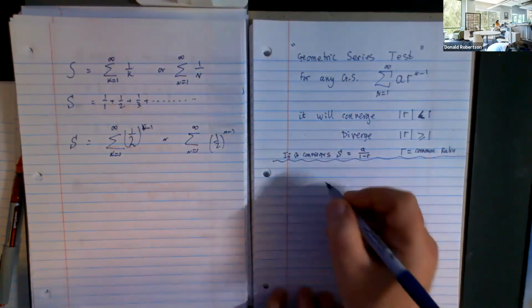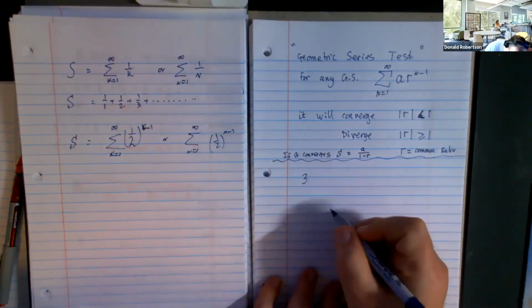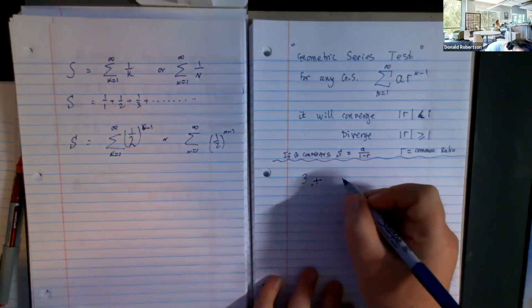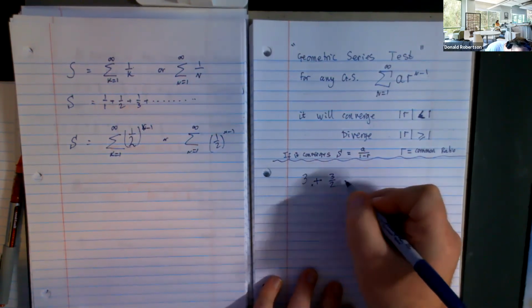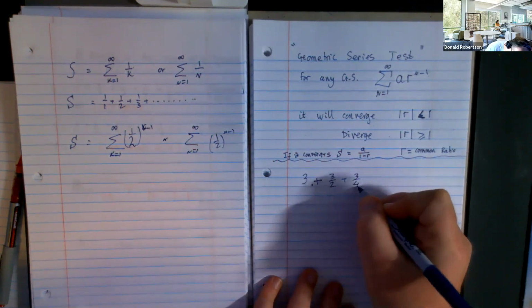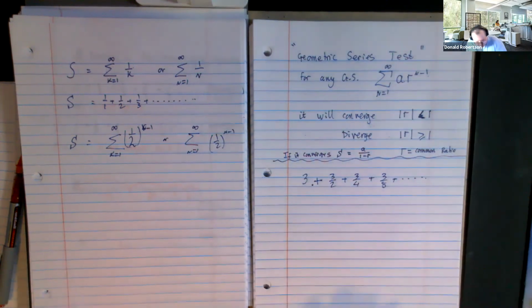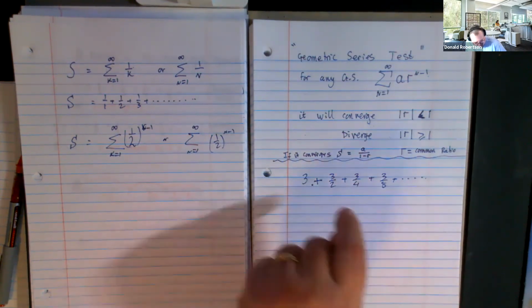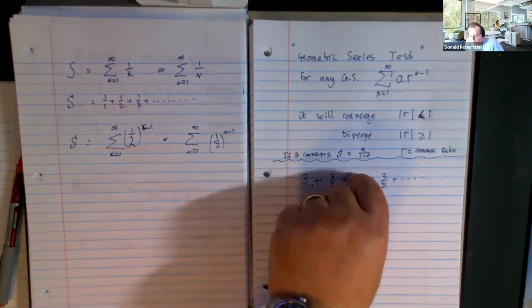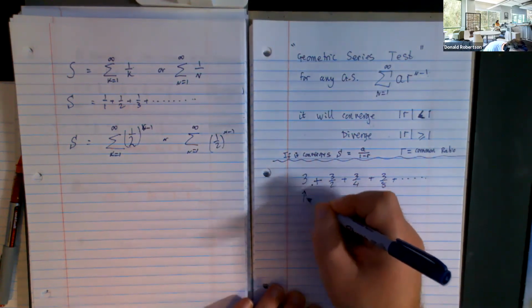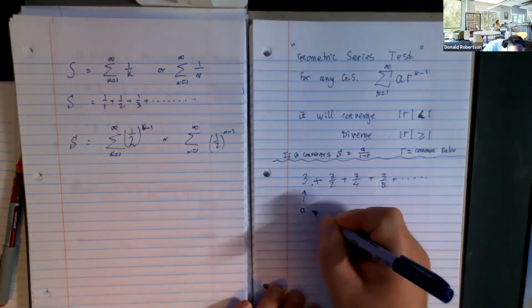Okay, let's do one. I'll start with 3, right? And then I'll multiply by a half, then multiply that by a half, then multiply that by a half, forever, right? I know that's a geometric series. From one number to the next, aren't you multiplying by, in this case, a half? Agreed? Now, the first term is a, in this case 3.